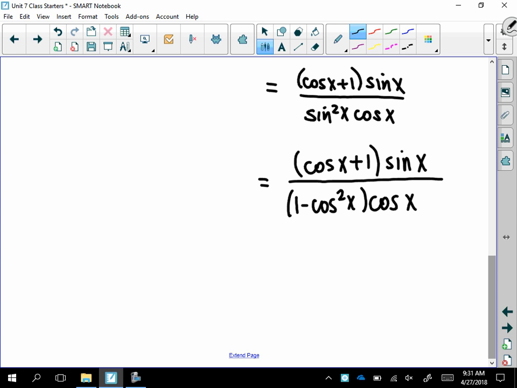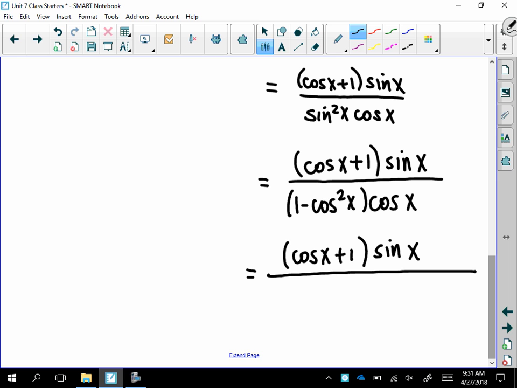Then that's the difference of perfect squares, 1 minus cosine squared. So I would factor into 1 minus cosine and 1 plus cosine.